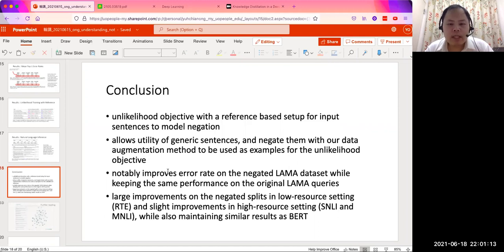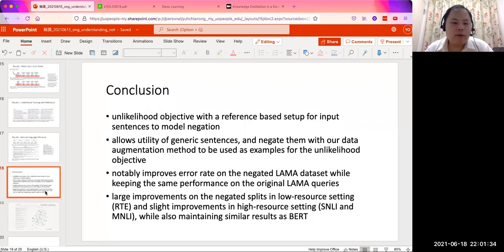Okay, and last but not least, the results are significant. We see that there's improvement on the error rate on a negated LAMA set while keeping the same performance on the original LAMA queries. We see large improvements on the negated splits in the RTE, but slight improvements only in high resource settings, such as SNLI and MNLI.